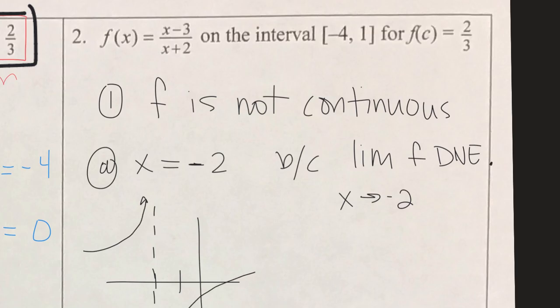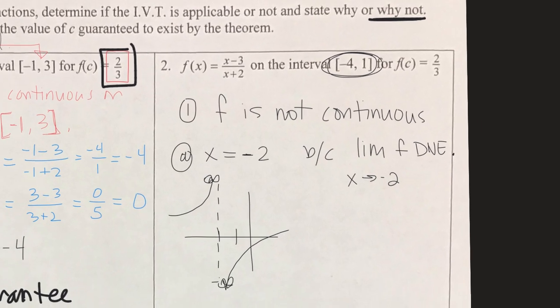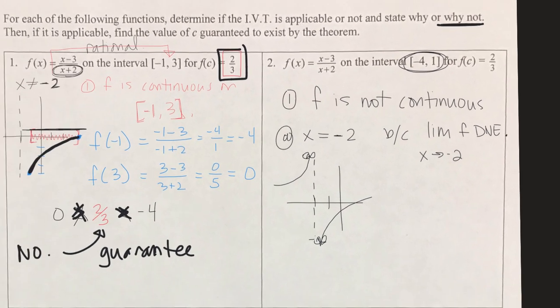Right, so at -2, the limit does not exist. The left side is going up to infinity, the right side is going down to -infinity. Right, those are not the same places. Okay, so on this interval, from -4 to 1, our function is not continuous. So the IVT does not guarantee there's going to be a C value.